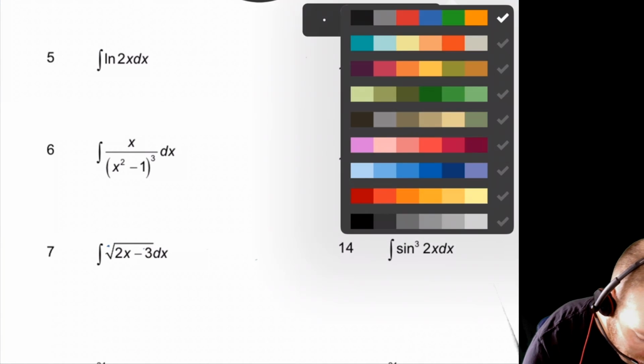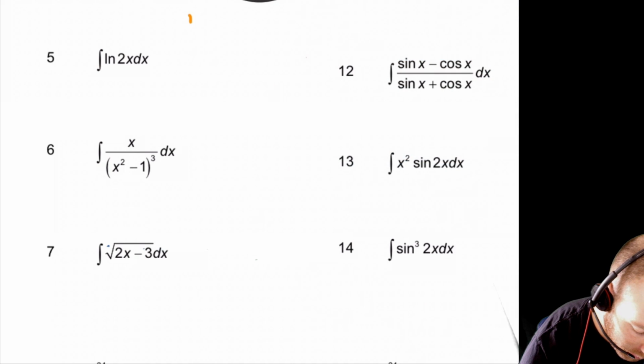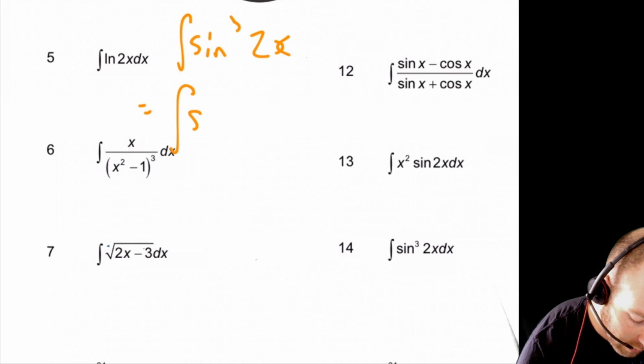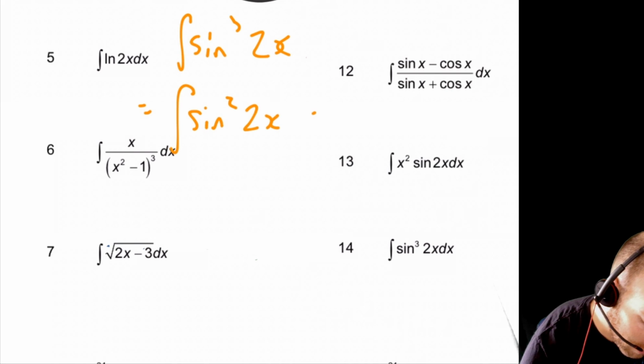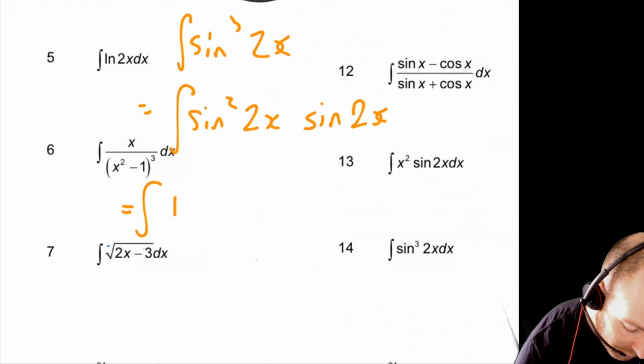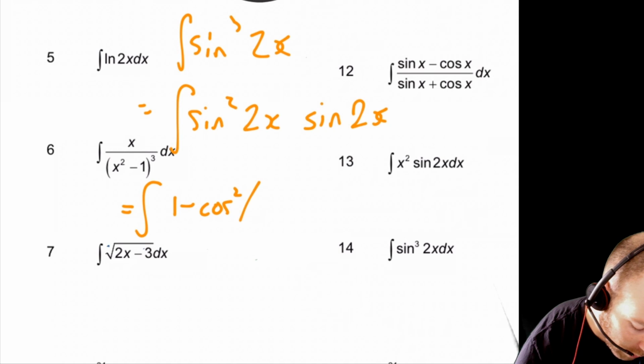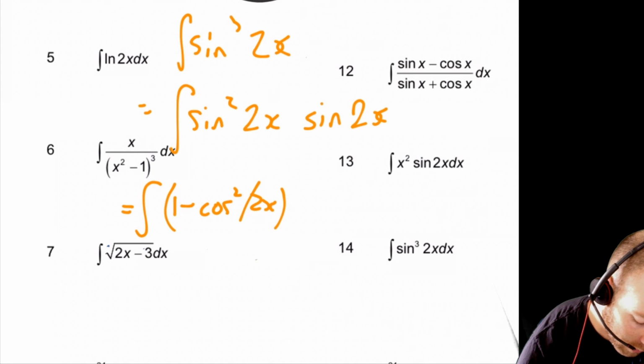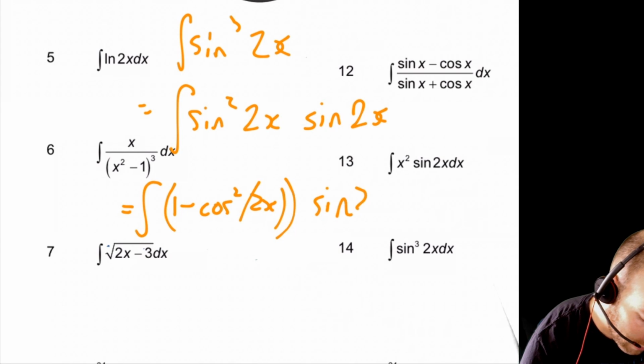So sine cubed 2x. The way we do this is we write it as sine squared 2x times sine 2x. We turn the sine squared into cos, so we're going to say that's the integral of 1 minus cos squared 2x times sine 2x.